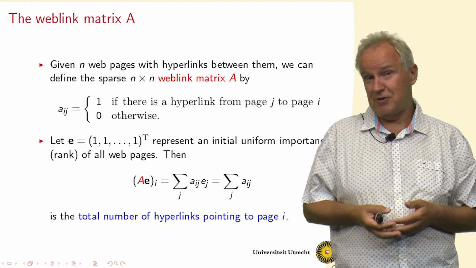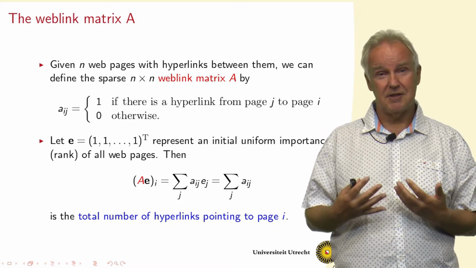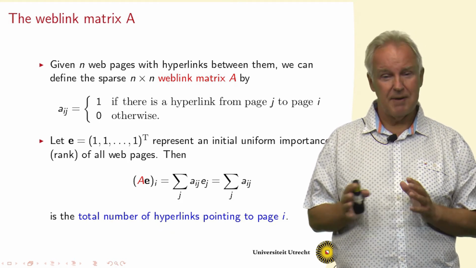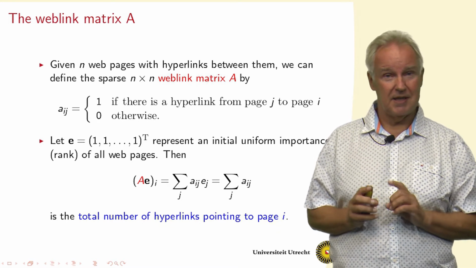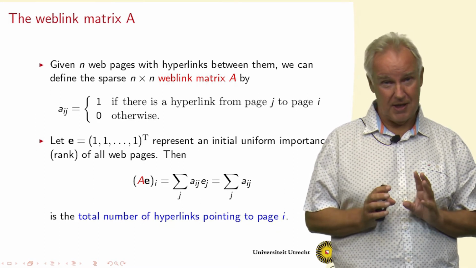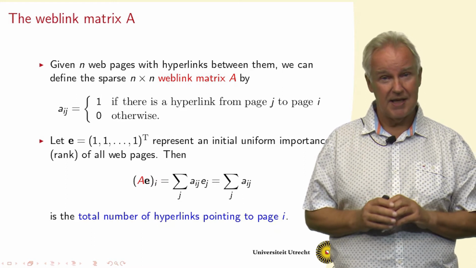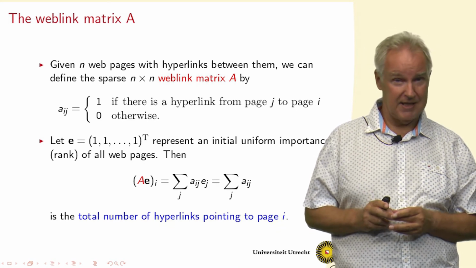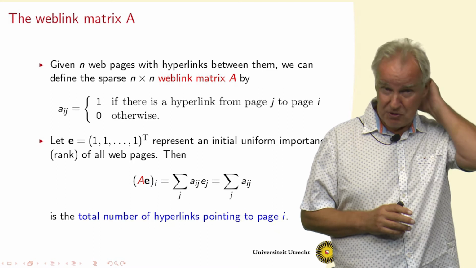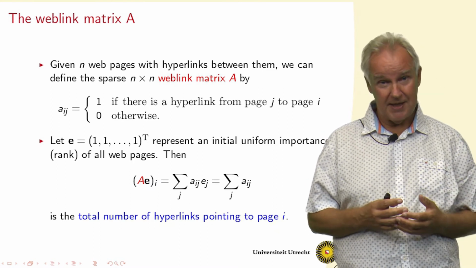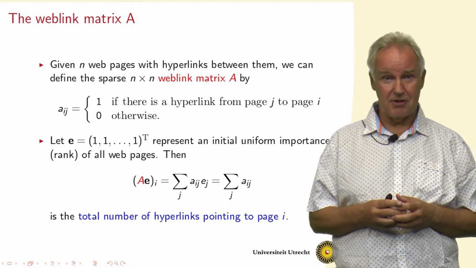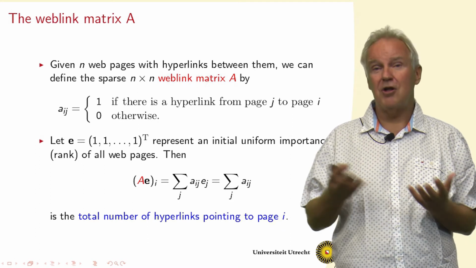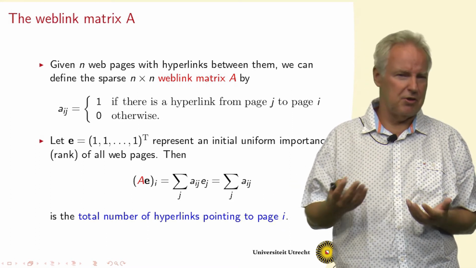So let's define, first of all, the sparse matrix that corresponds to the web. If we have an n by n matrix A defined by aij equals 1 if we have a link from web page j to web page i, and we number all the web pages from 0 to n minus 1, then this defines a sparse matrix, because pages link not to all other pages, but only to a few, maybe on average 10.